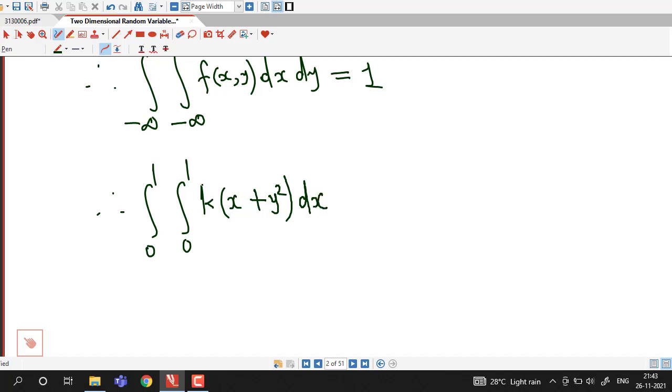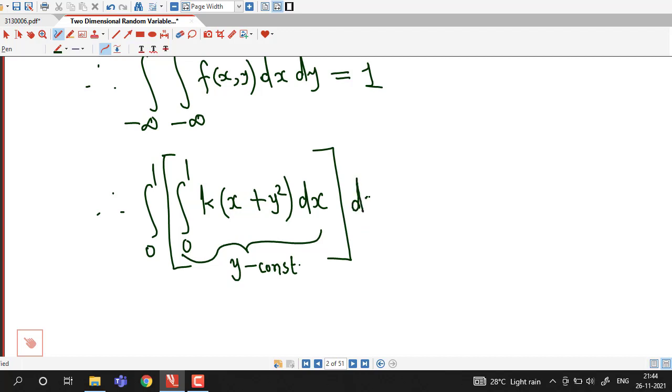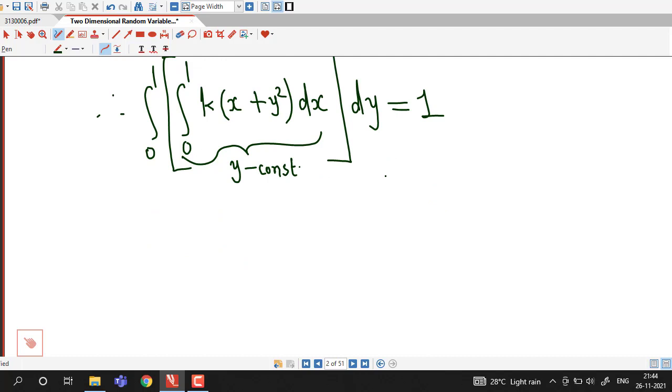First we integrate with respect to x, and while integrating with respect to x we consider y as constant, and then we will integrate with respect to y, and this must be equal to 1. Now here k is independent of x and y, therefore I can take k outside the double integral.